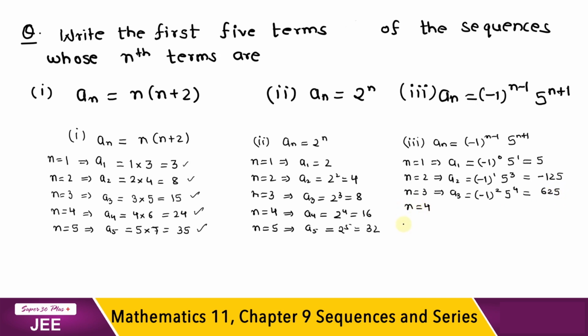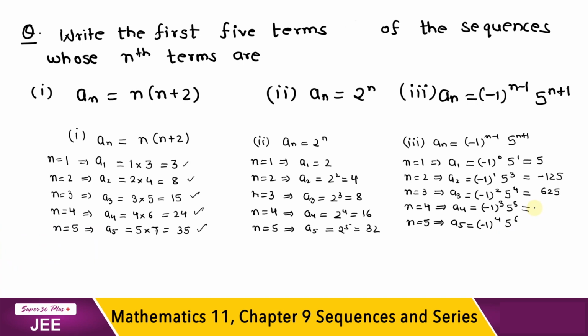Similarly, for n equals 4 and n equals 5, we have the corresponding minus 1 whole raised to the power 3 and 5 raised to the power 5. And the fifth term is going to be minus 1 whole raised to the power 4, 5 raised to the power of 6.